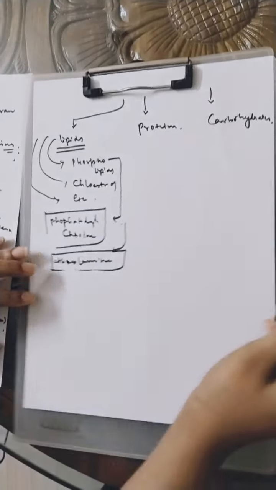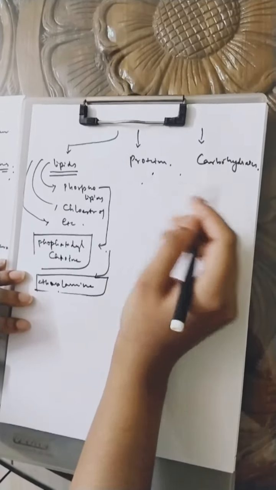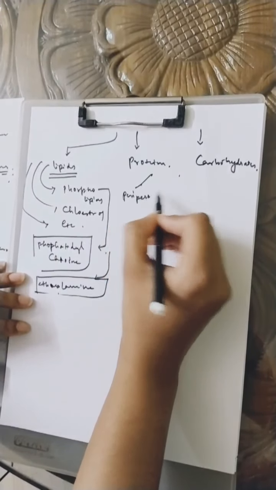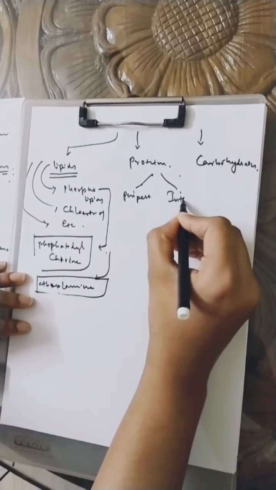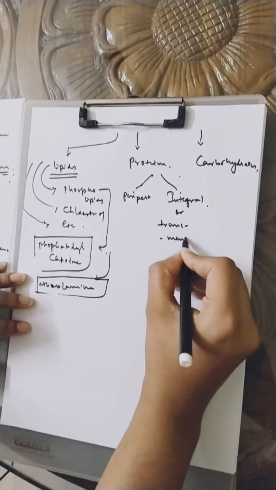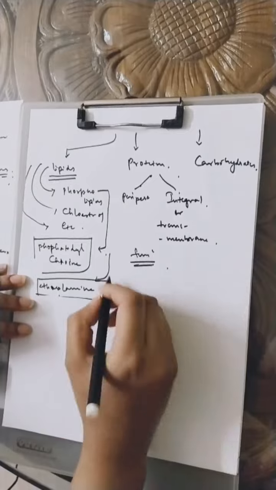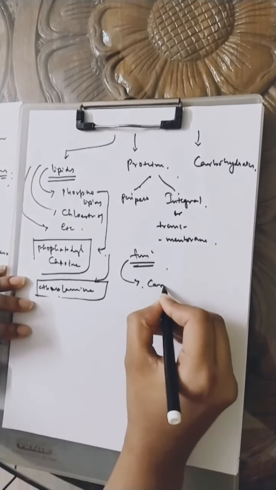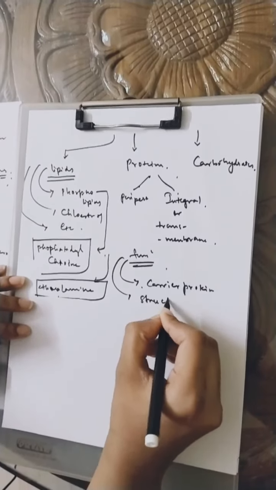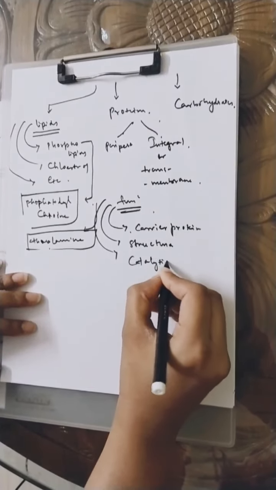When it comes to the proteins, they are divided on the basis of where they are present: peripheral and integral, or transmembrane proteins. Based on the function they possess, they are divided as carrier proteins, structural proteins, and catalytic proteins.